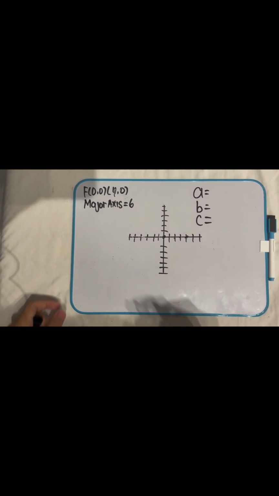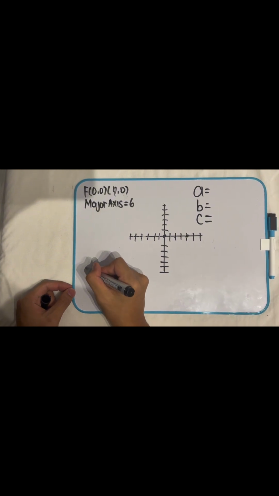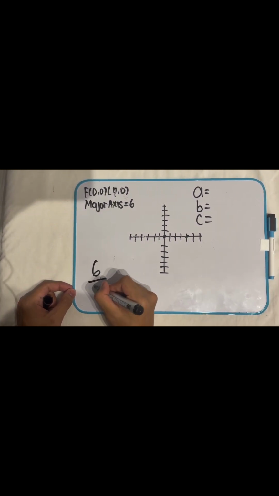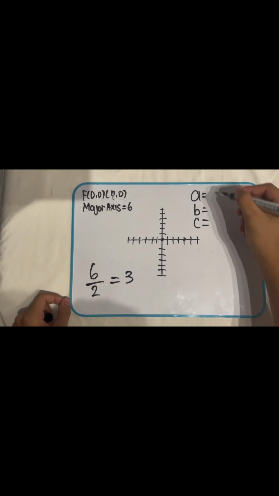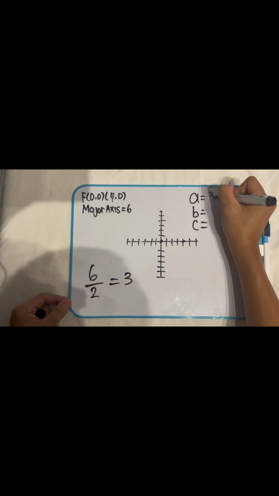So, the major axis is 6, divided by 2 equals 3. So, we have our value of A, which is 3.